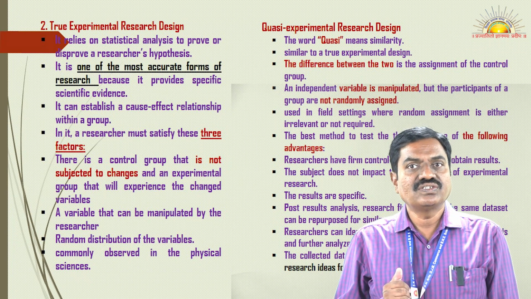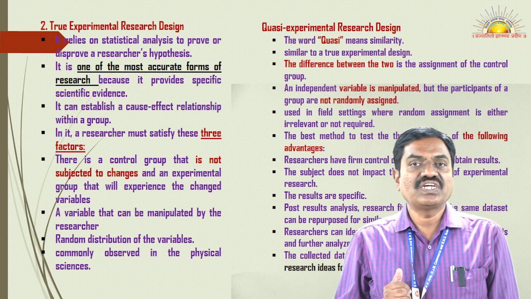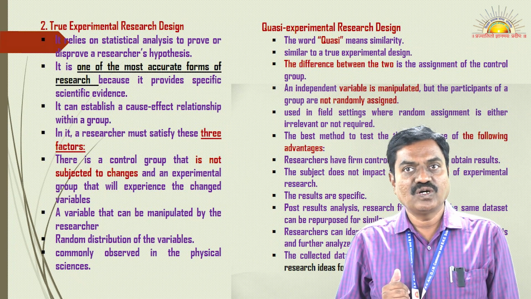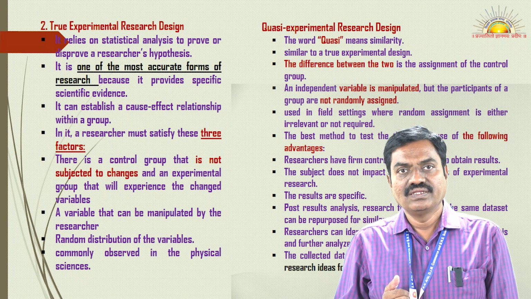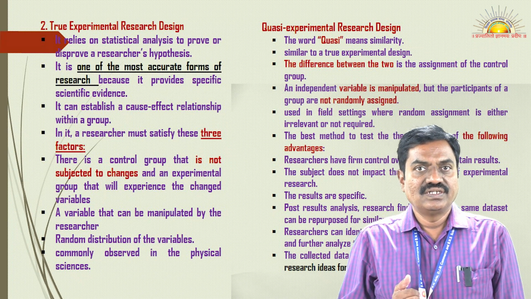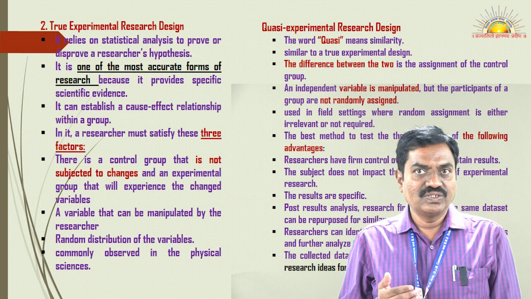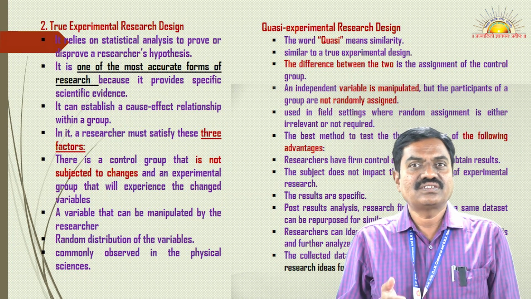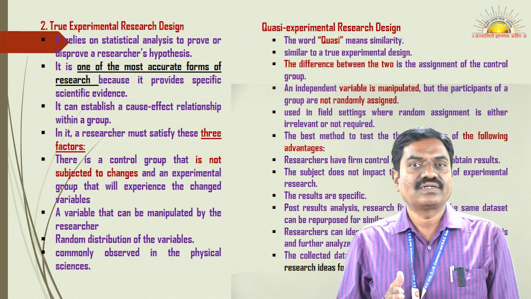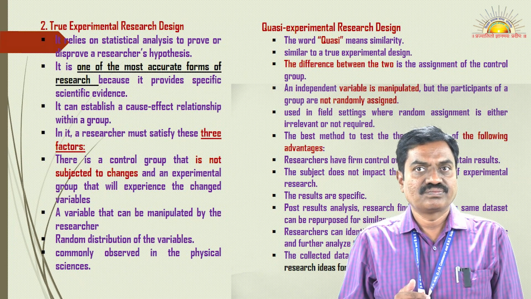The experimental research is thought to be the best method to test the theory because of the following advantages. First, researchers have firm control over variables to obtain results. Second, the subject does not impact the effectiveness of experimental research.